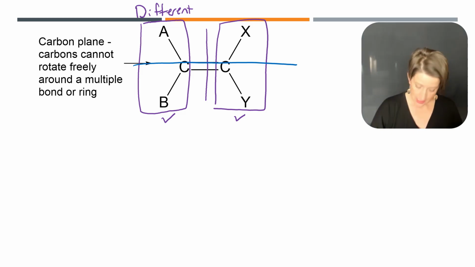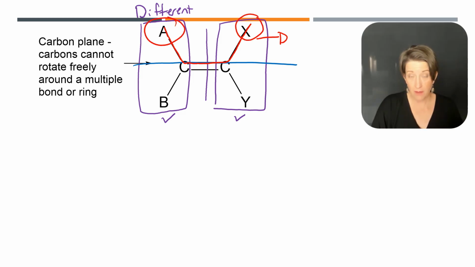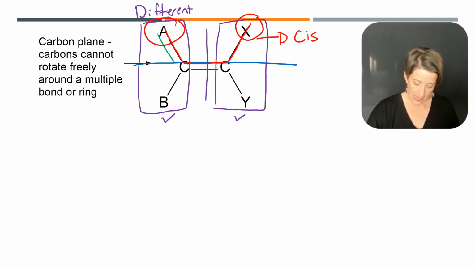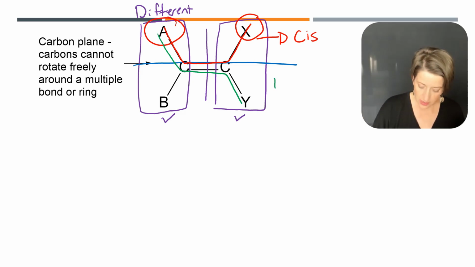Let's say that the parent chain goes from A to C to C to X. That puts these groups on the same side of the locked or fixed space. This designates a cis stereoisomer. If we go from A to C to C to Y, these groups are opposite. And because they're across from each other from that fixed point, this is going to be trans.